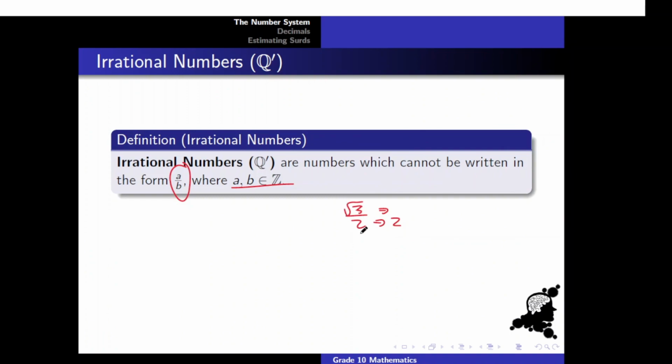Therefore, inasmuch as this can be written as a fraction, because my numerator and denominator are not both integers, we cannot count this to be a rational number. We say they are irrational numbers. Notice that the sign for irrational numbers has the little apostrophe to indicate that it is not rational. I hope this makes sense.